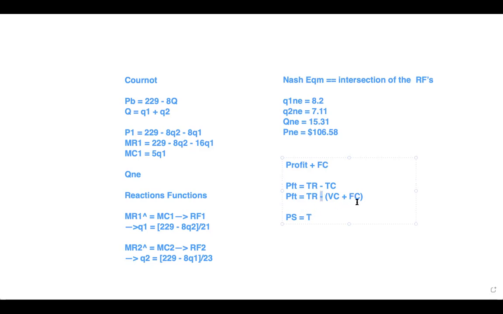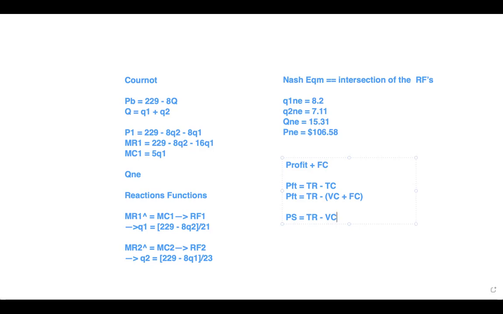If I add back fixed costs, then producer surplus is total revenue minus only the variable costs. Does that make sense? Yeah, it does.